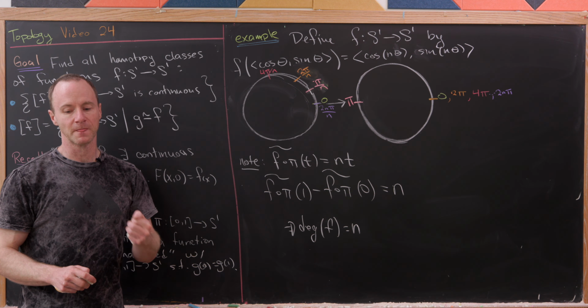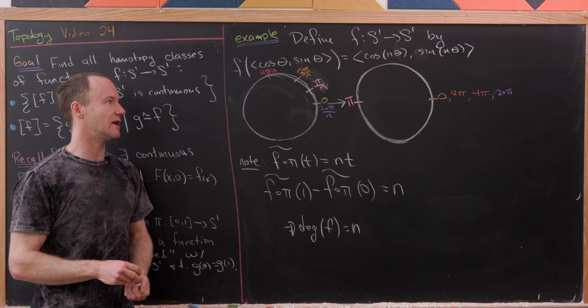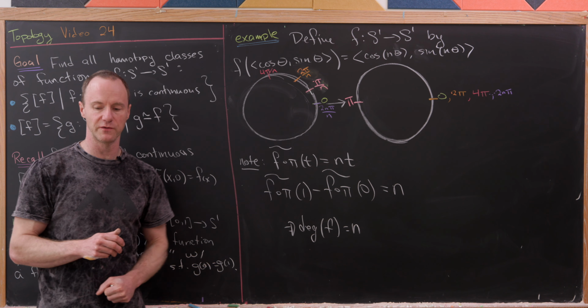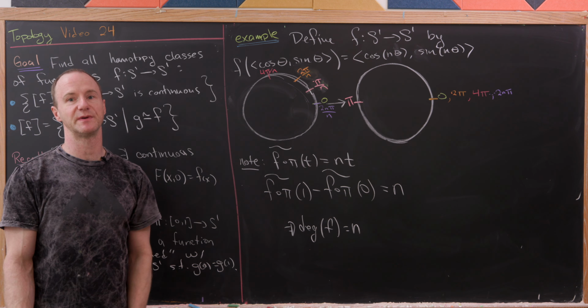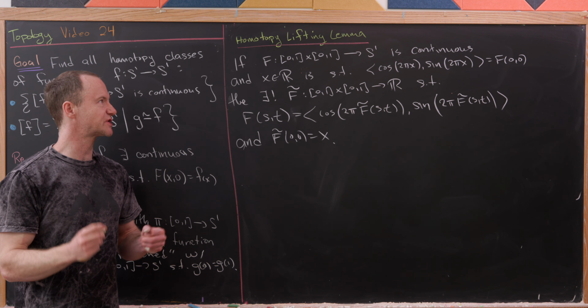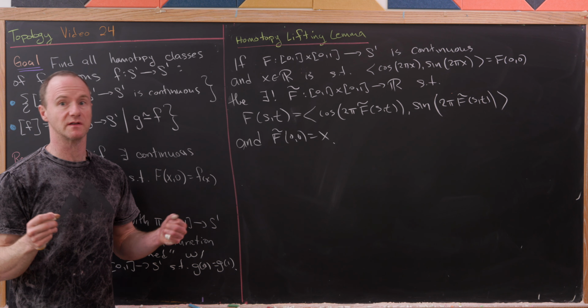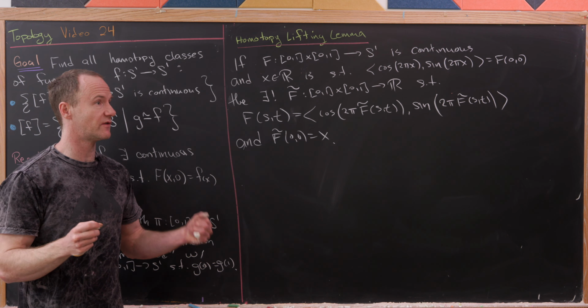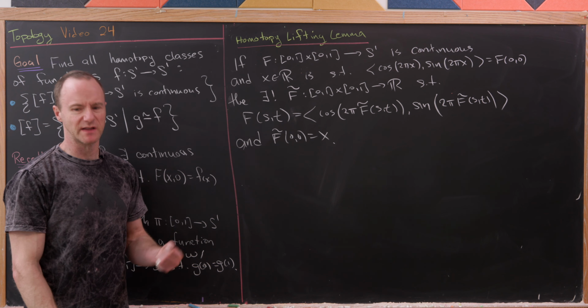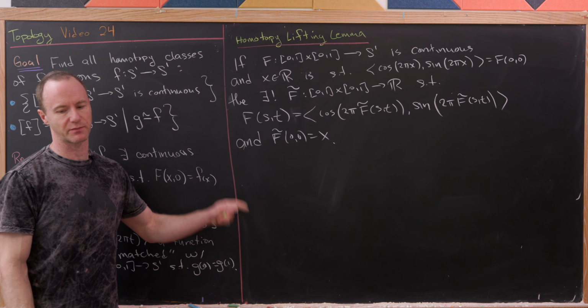number again. Okay, so now we're going to look at another lemma, which we'll skip the proof of, and then prove a nice big theorem. So here we've got a lemma which can be thought of as like a homotopy lifting version of our previous lemma. So let's read through it, and like I said, we're going to skip the proof.